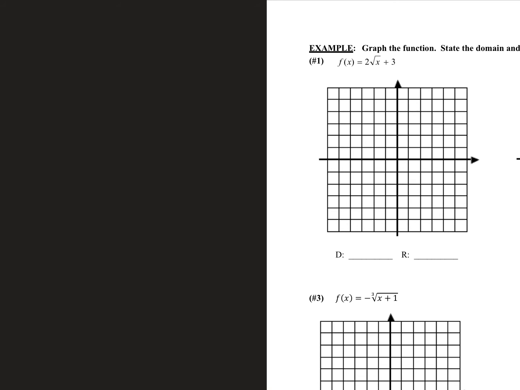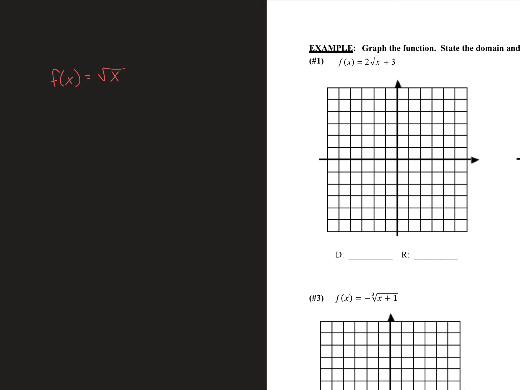The first thing you have to do when we're graphing a function like this is determine, is it a square root or a cube root function? Well, since f of x equals 2 times the square root of x, it's a square root function. So I'm going to graph my parent function, which is f of x equals the square root of x.